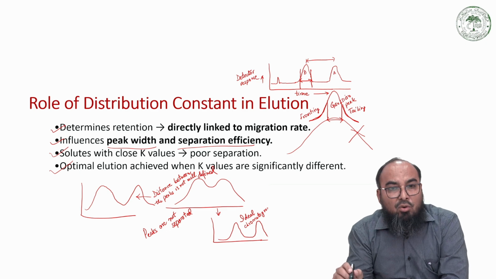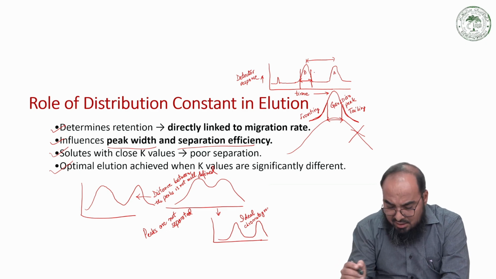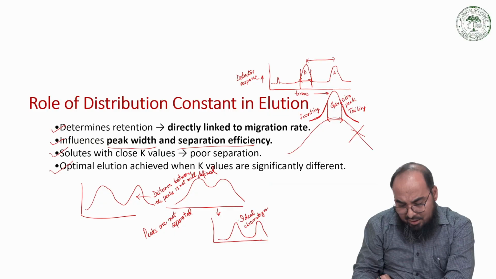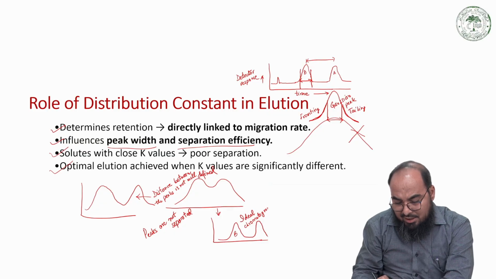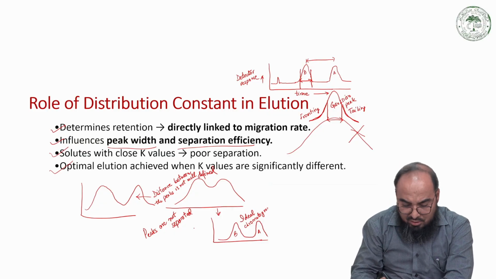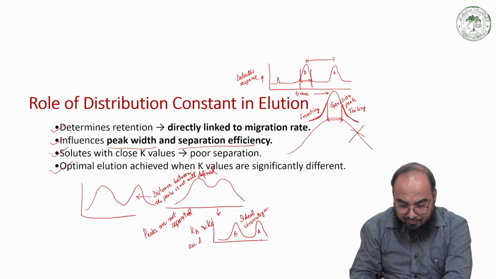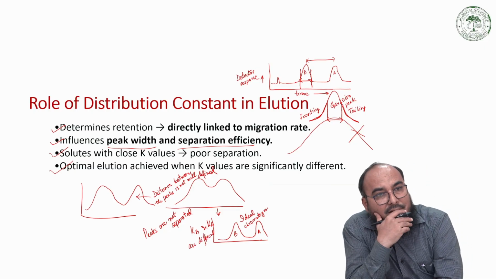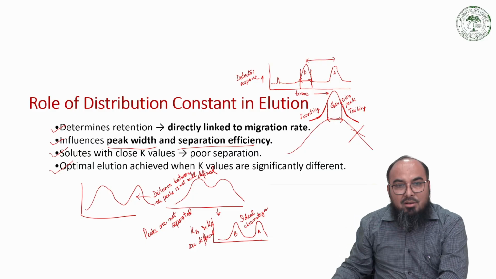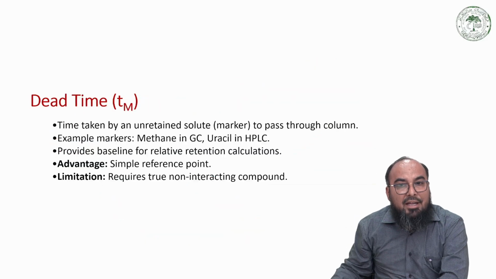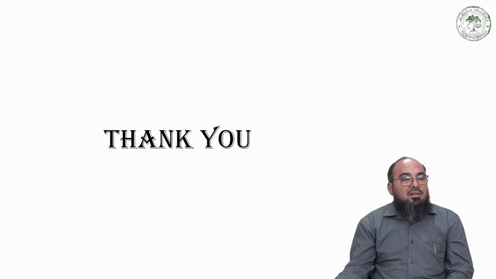K values can only be different where we have a clear-cut separation like this. Here the K value of B and the K value of A are different in terms of their distribution constant. So this is the role of KD. With this, thank you very much.